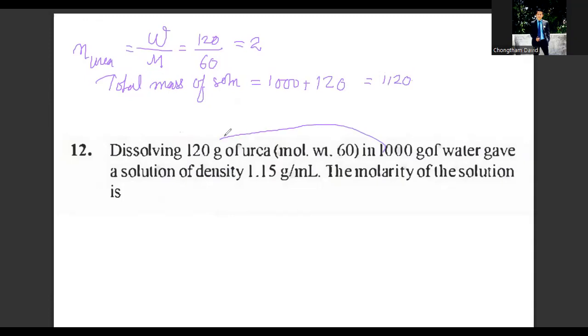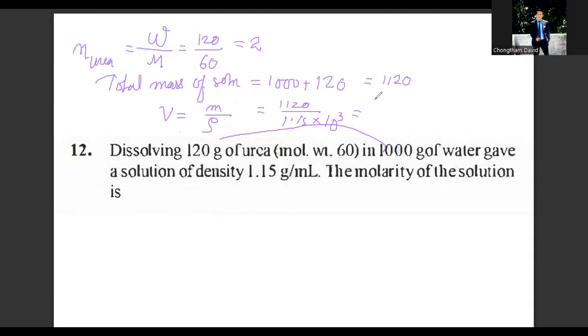It's very simple. Now to find the volume, the relation is density equals mass by volume. So volume is mass by density, which equals 1120 divided by 1.15 into 10 to the power 3.